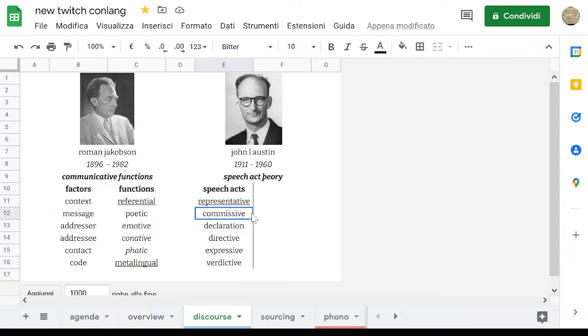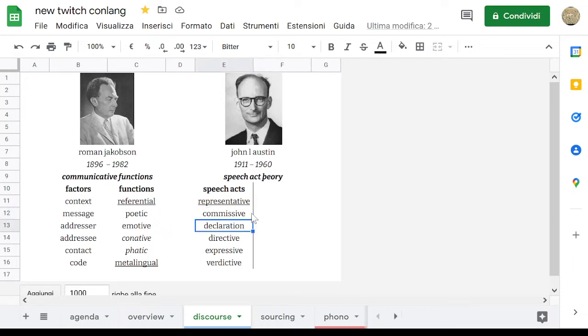So those kinds of things, promises, and I guess a threat is kind of like a negative promise or a dangerous promise. That would all be commissive. It's a different kind of action than just conveying information or ideas, which is what representative is about. Commissive is about committing yourself to future action.